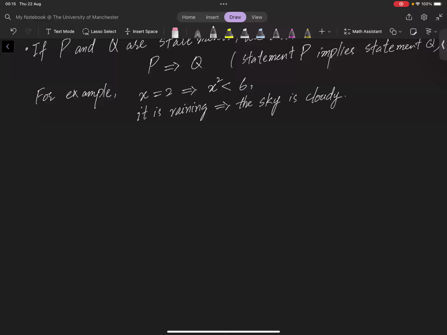Other ways of saying that: P then Q, or if P then Q. If x is 2, then x square is less than 6.